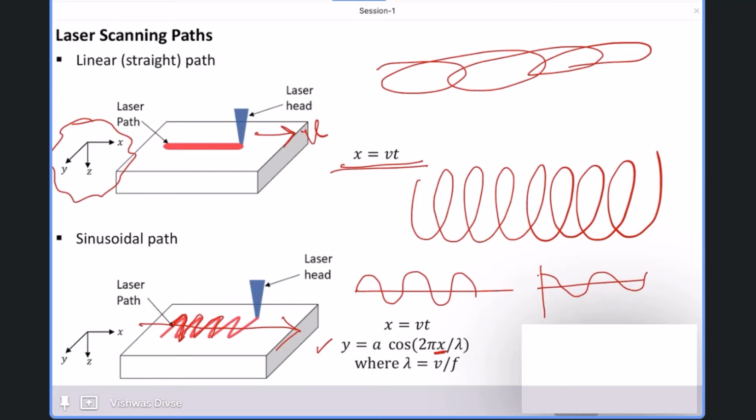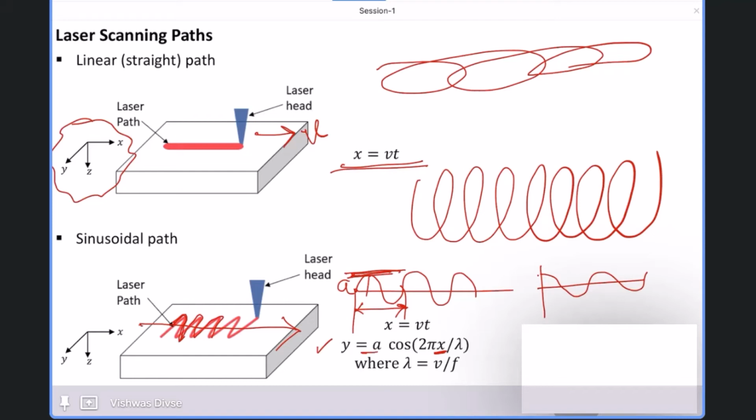Whenever I say sinusoidal, the two most important things one can ask are: how can I enter the amplitude and the wavelength? Again, this is very simple trigonometry. You know what the wavelength of a sinusoidal wave is and what the amplitude is. Both of these are user parameters one can define.